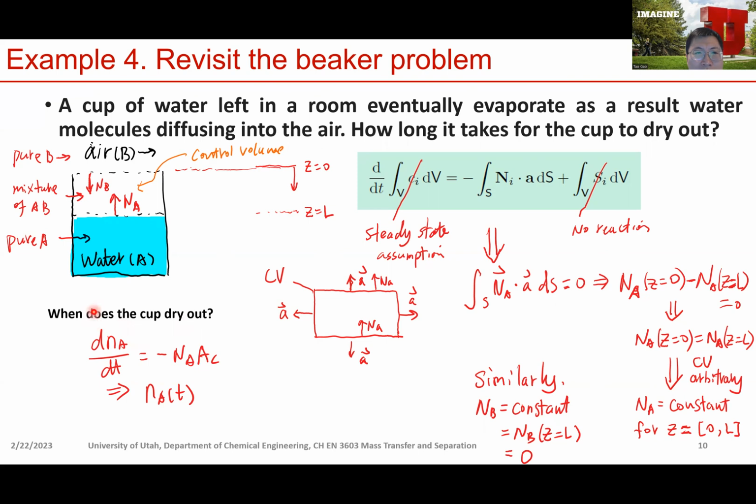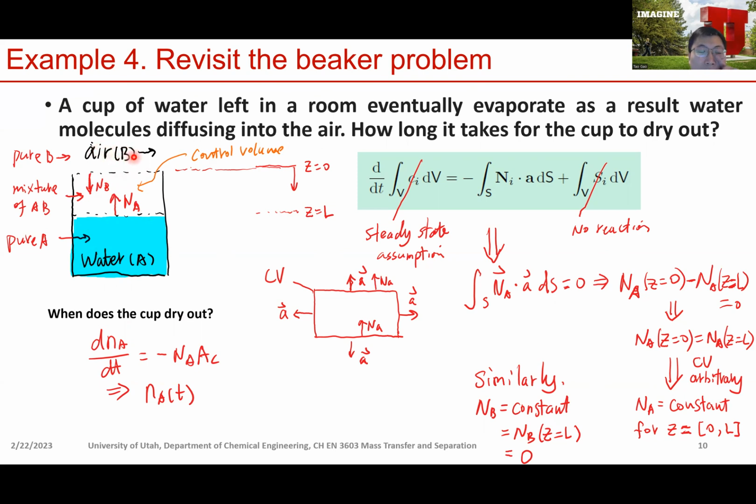Here is a schematic of this problem, where we have a beaker and we have water at this level. Outside the mouth of the beaker or the cup, we have air, assuming the air is circulating very well.